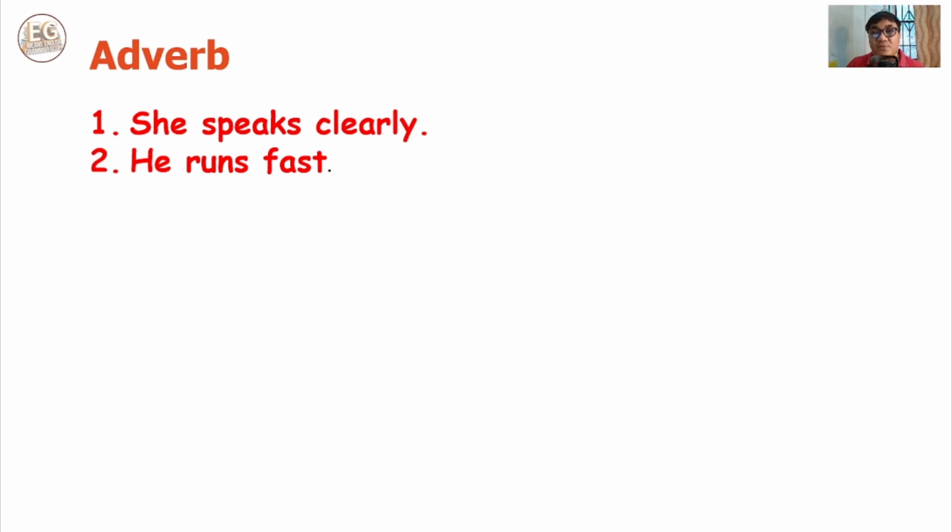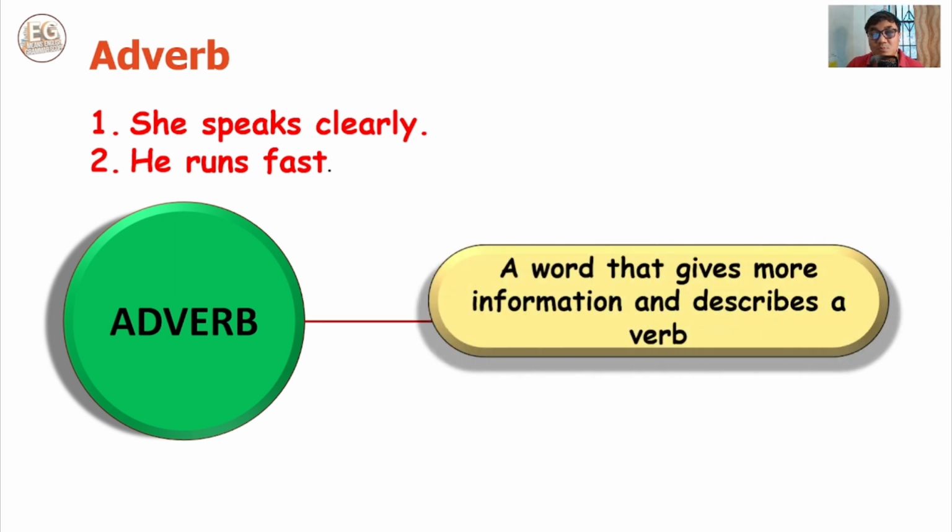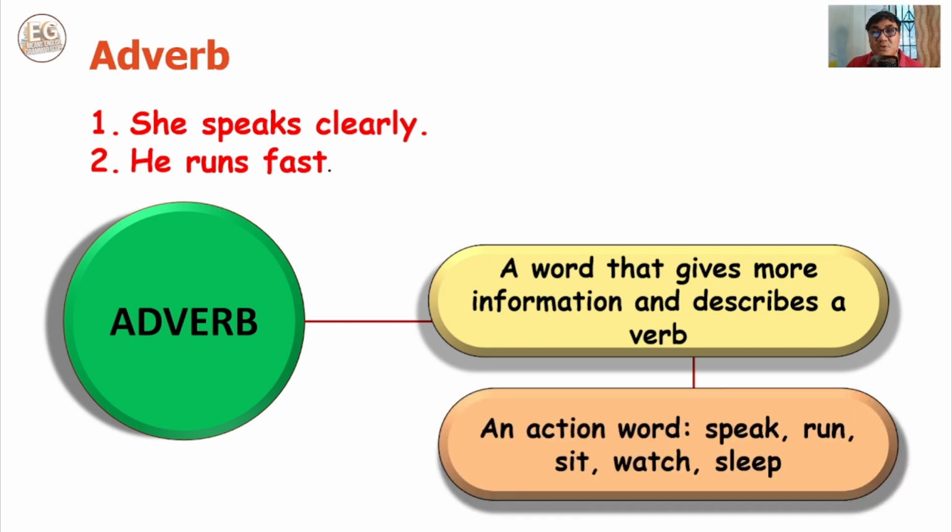Now what is an adverb? Yes, a word that gives more information and describes a verb. So an adverb is a word in a sentence that gives us more detail, more information about a verb. All right. And as you know, what is a verb? A verb is an action word, right?